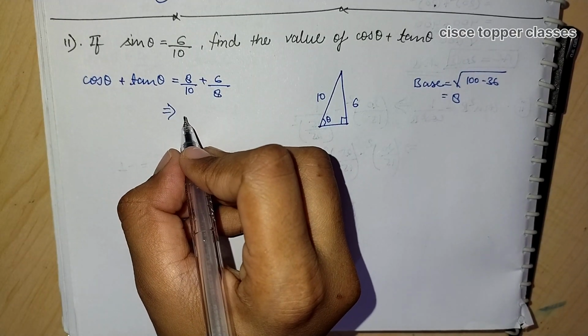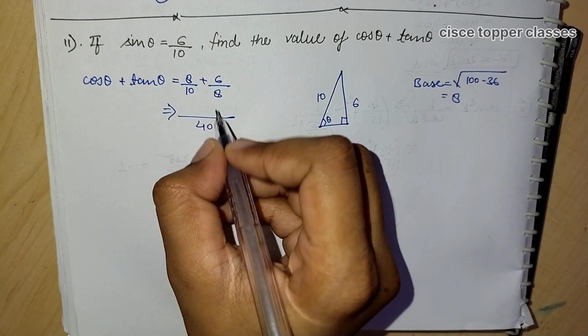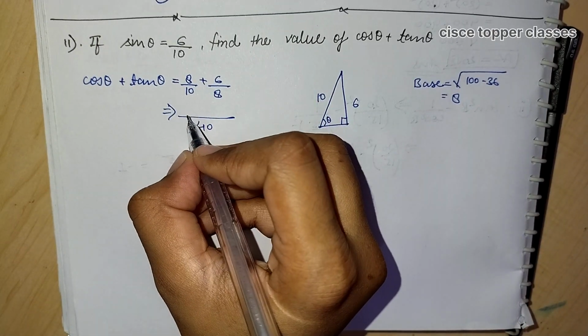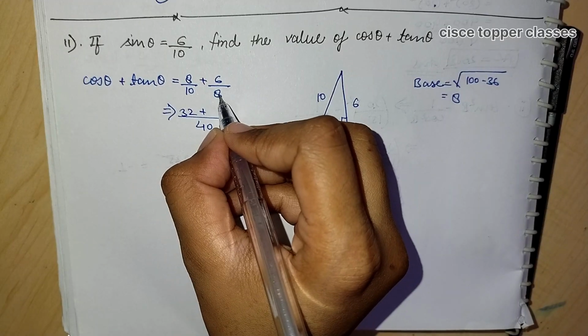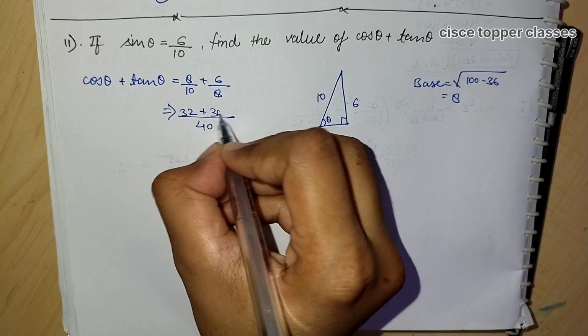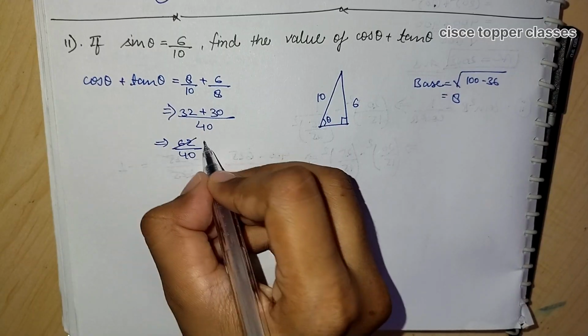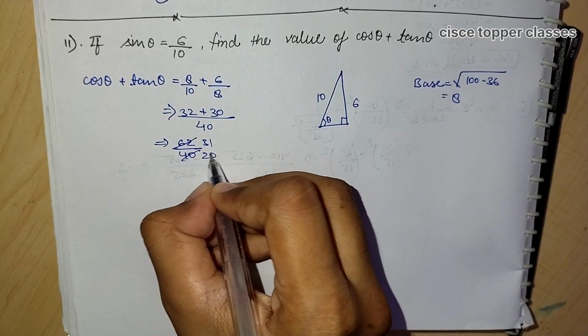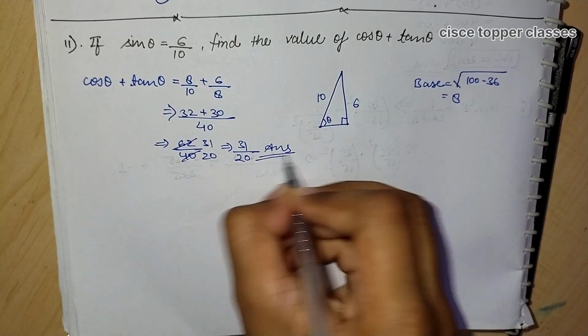On taking the LCM, this will be 40, and 8 into 4 will be 32 plus 5 into 6 is 30. So here we can write 62 divided by 40. We will cancel out this part. So this will be 31 by 20, the final answer in this question.